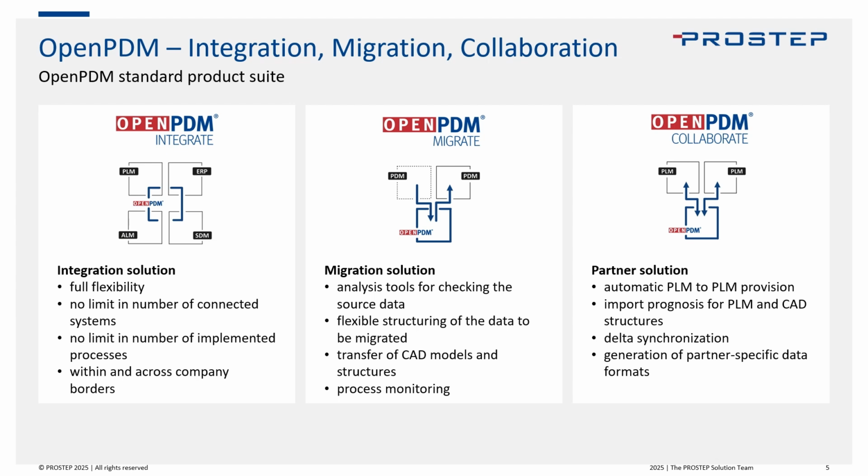So the basic modules for OpenPDM are OpenPDM Integrate, OpenPDM Migrate, and OpenPDM Collaborate. We also have a fourth, OpenPDM Ship, which includes shipbuilding processes and CAD transformation from Aveva, CADmatic, SSI, and others. So if you're interested in that, go take a look at our website and you can find more information on that.